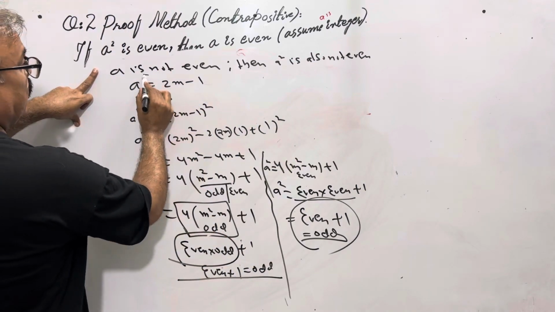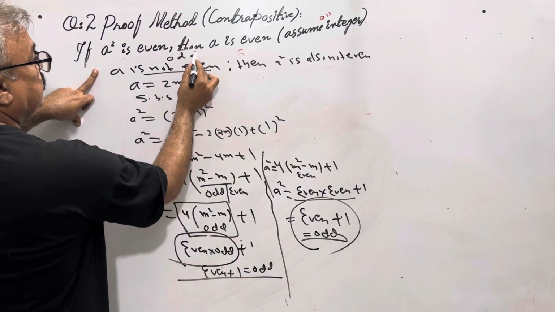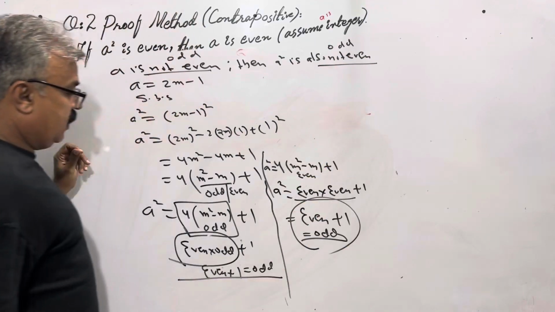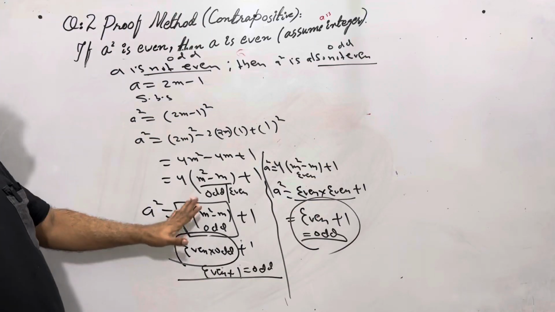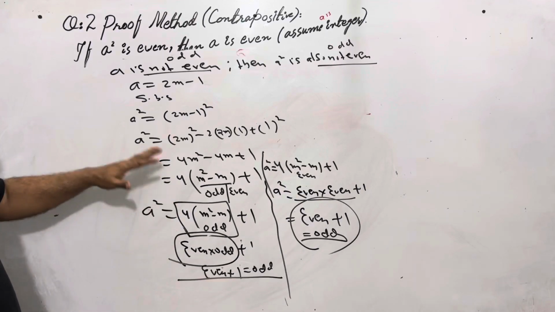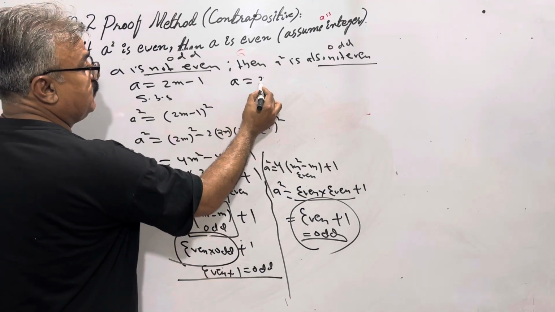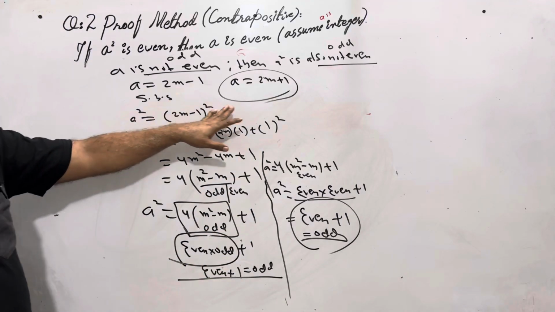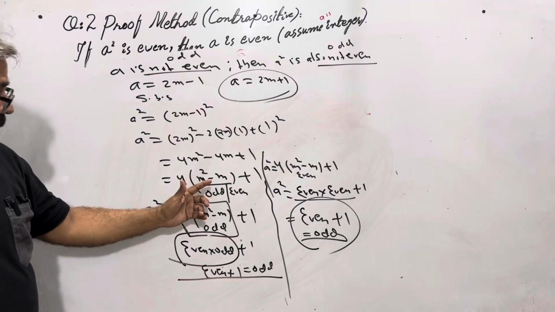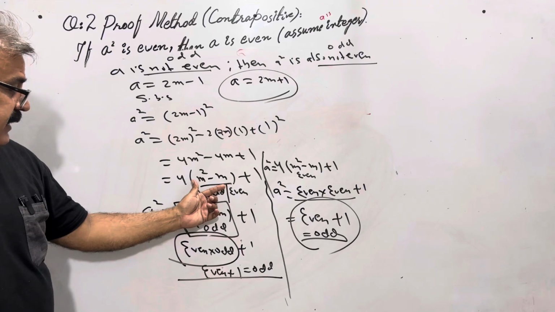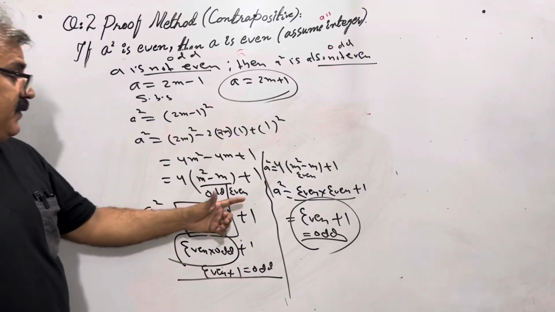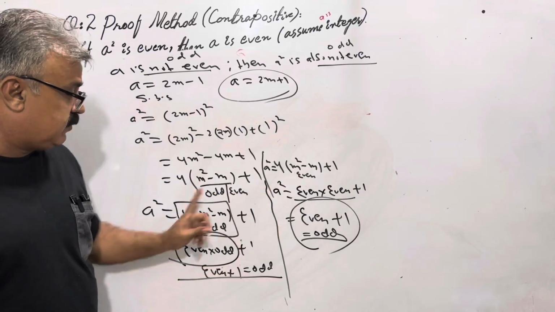Instead of not even, one can write odd. We have shown all the possibilities by taking both formulae for an odd number, 2m minus 1 and 2m plus 1, and after taking 4 common, m square minus m might be even or odd. We have discussed both possibilities.